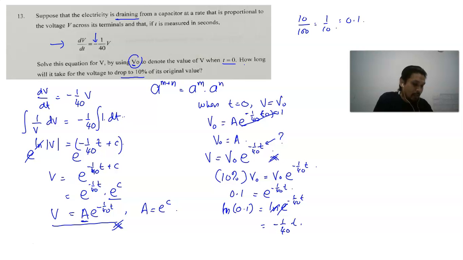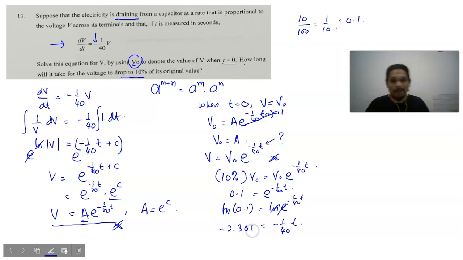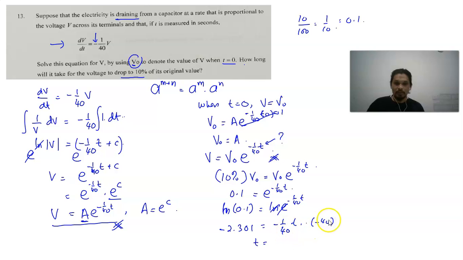0.1 equals negative 2.301. Okay, so we would like to find the value of t here, multiplied with negative 40.